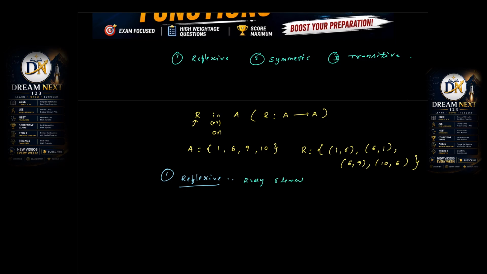Mathematically, let some element a belong to A. If a is related to itself, a only, therefore we say that R is reflexive.